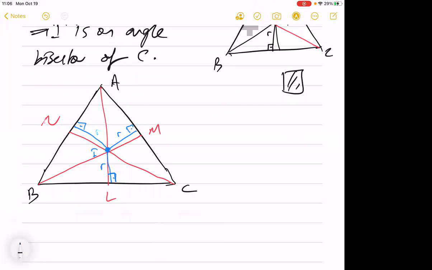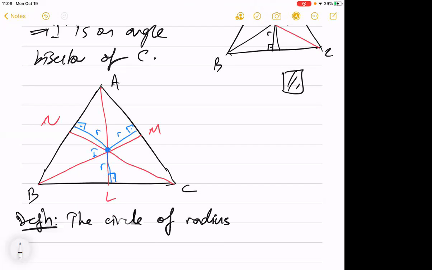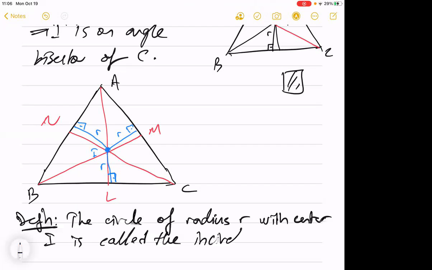Here is the definition. The circle of radius R with center I is called the incircle of ABC.